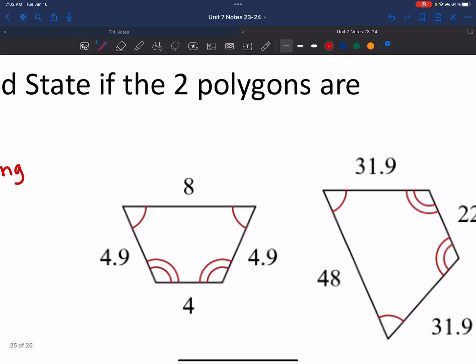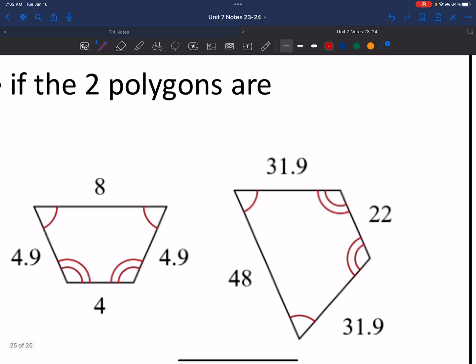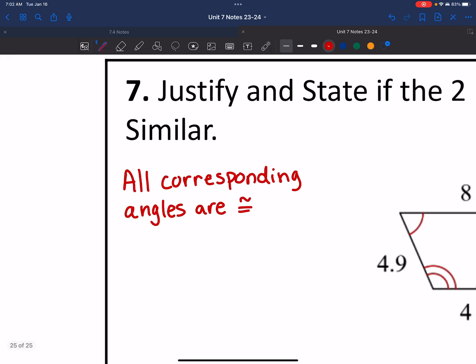And you can see here that they've already marked those for us. So this top left angle is congruent to this top left right here. It's kind of rotated, so you've got to look at it as it's corresponding. So this one in the bottom matches this one in the top left. Same for this one in the top right, matches this one over here. And so all these angles correspond with one another, okay? So we can check that one off.